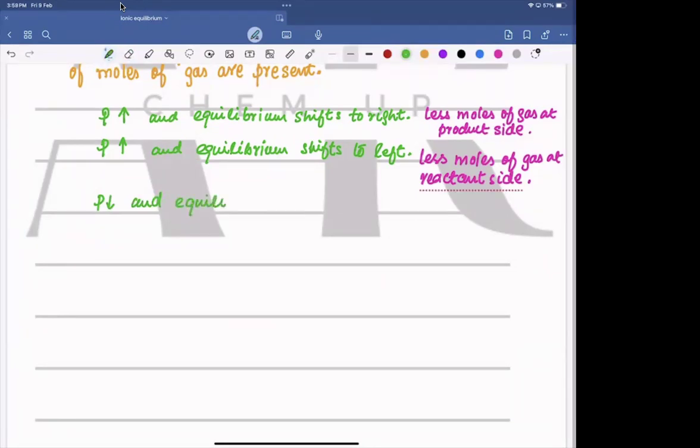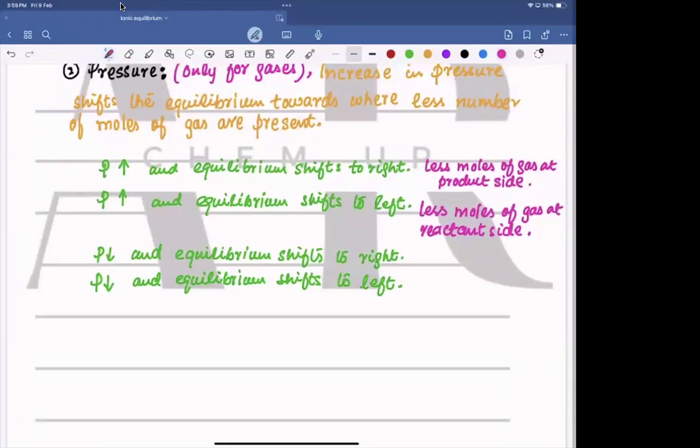So again there are both possibilities: equilibrium either shifts to the right, or if we lower the pressure, equilibrium shifts to the left. If it shifts to the right on lowering the pressure, it is because there are more moles of gas at the product side.